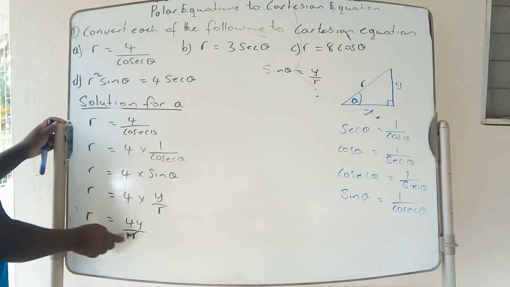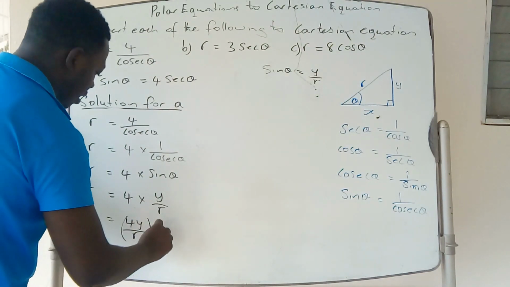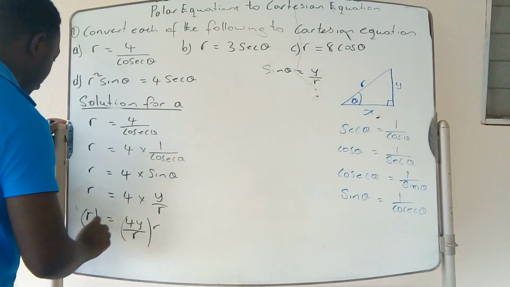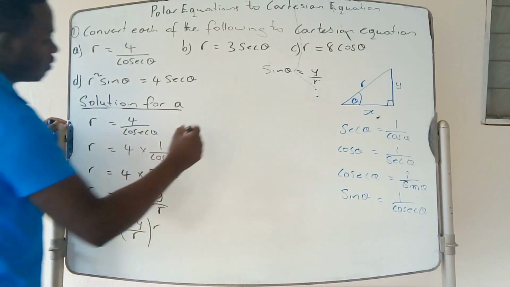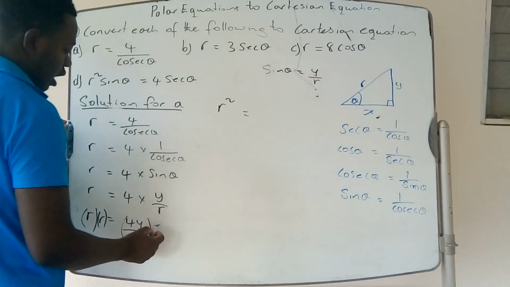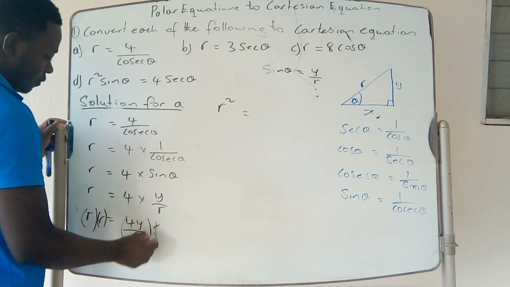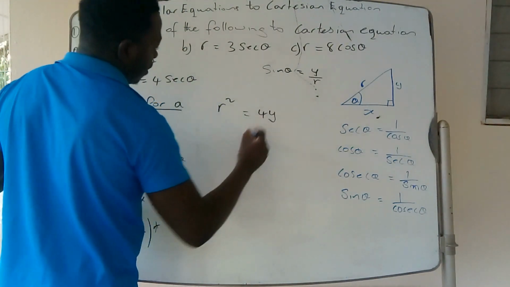Multiply both sides by r. Now r times r gives us r squared, is equal to, r will cancel out here, so all we're left with is just 4y.